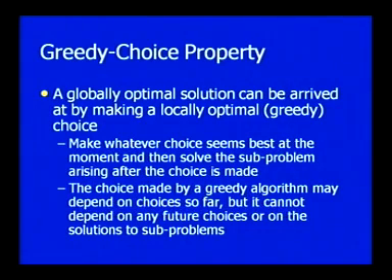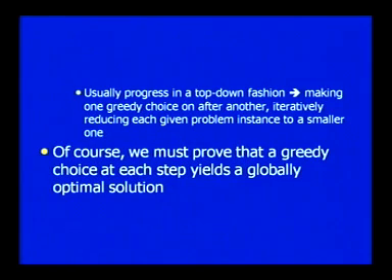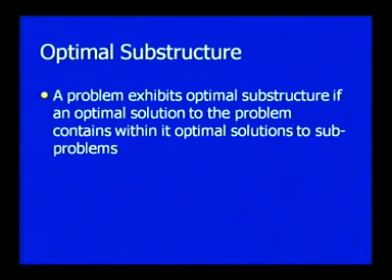In other words, this sort of greedy algorithm is a short term decision making mechanism. So, we are going to solve everything in a top down fashion only, and normally the greedy approach yields a global optimal solution.